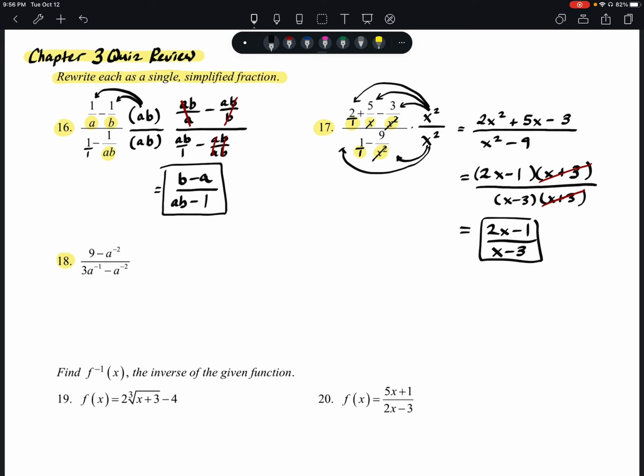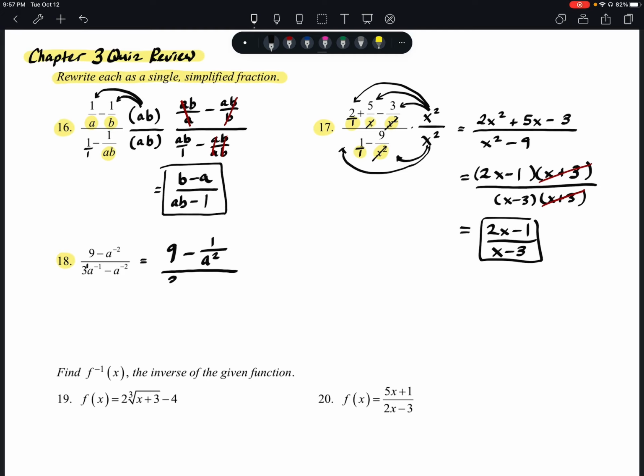We have 9 minus a to the negative second over 3 times a to the negative first minus a to the negative second. All right, so I'm going to rewrite these. We're going to say 9 minus 1 over a squared. On the bottom, remember, this 3 has a positive exponent on it, right? It's 3 to the first power.